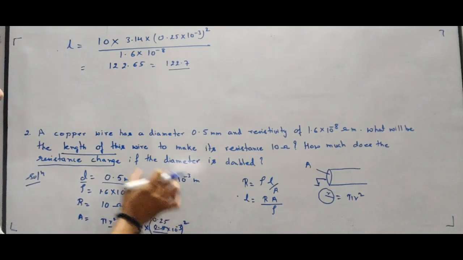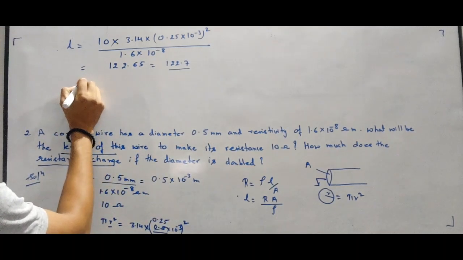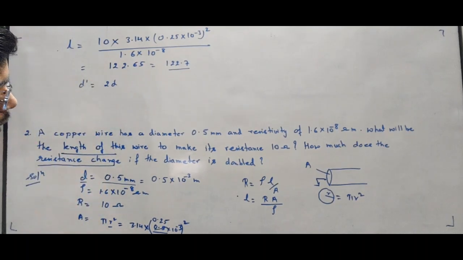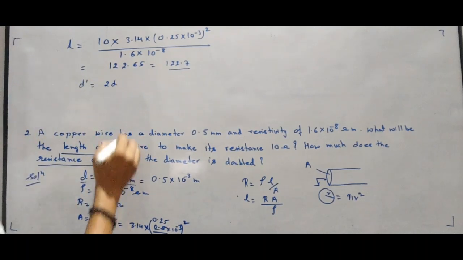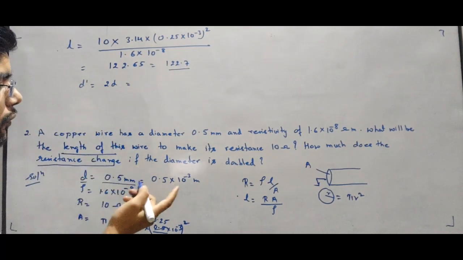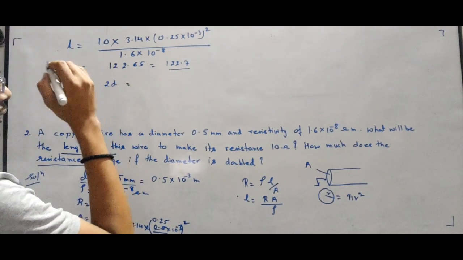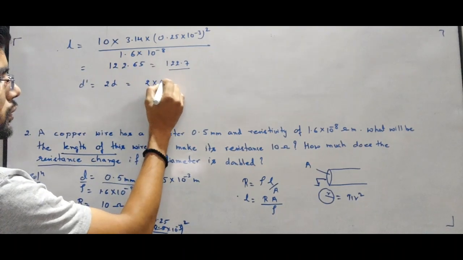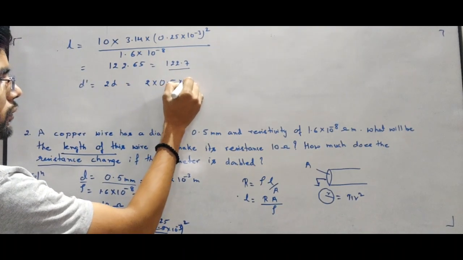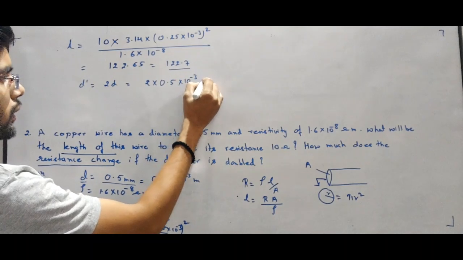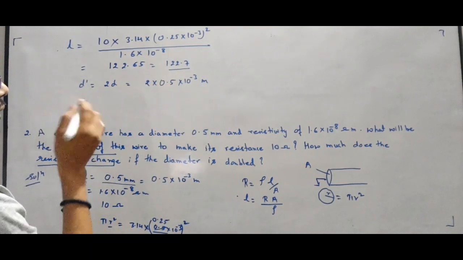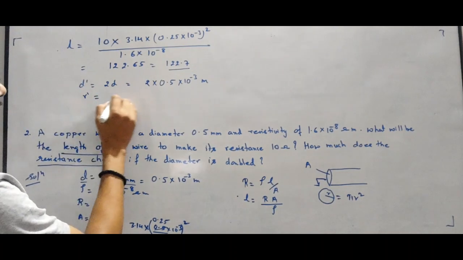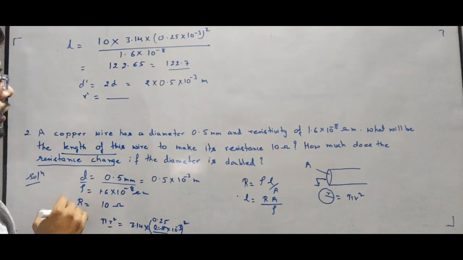So you can say the new d dash will be 2 times d, and similarly we can calculate it, students. You get the value 2 into 0.5 into 10 to the power minus 3. So from here you can get the r, which will be half of this.